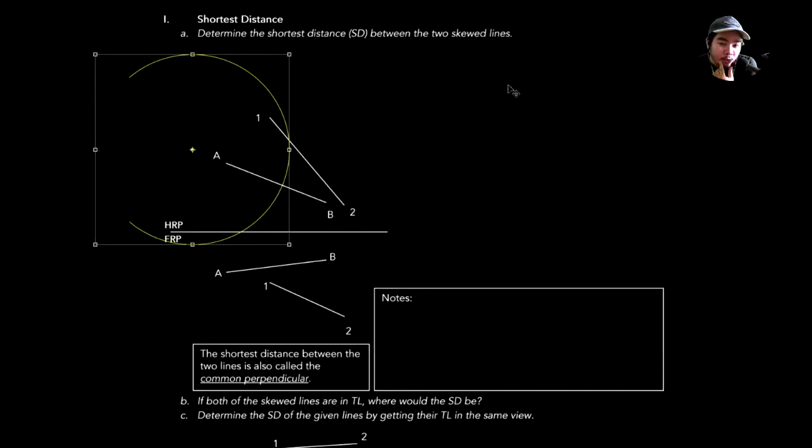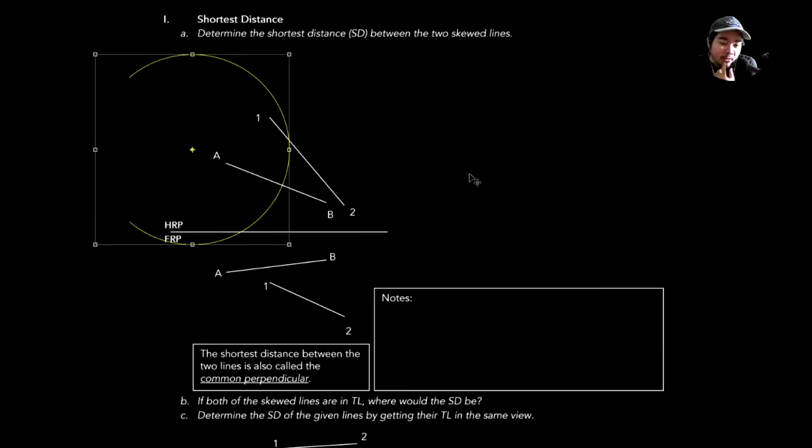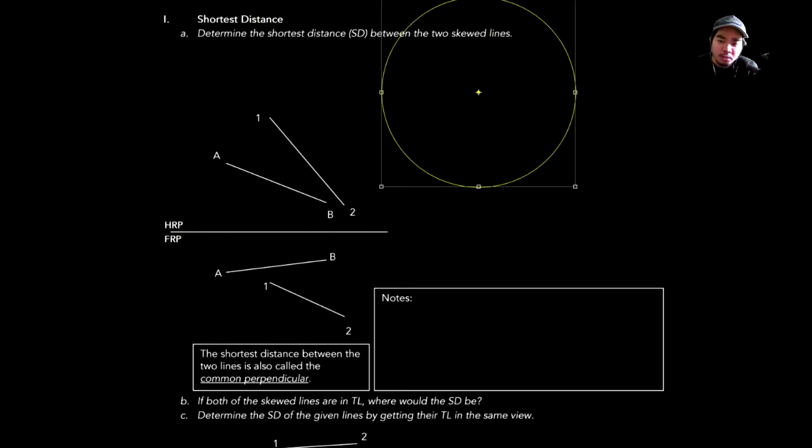So if we were to do a parallel reference plane to that edge view and that line, then we will expose that line and that plane in their true lengths and true sizes. And since true size yung plane and it contains one of the lines, then naka-true length na rin yung line na yun. So automatic sa view na yun, magiging true length parehas sila. So kung true length sila parehas, mahanap na natin yung point view ng shortest distance.